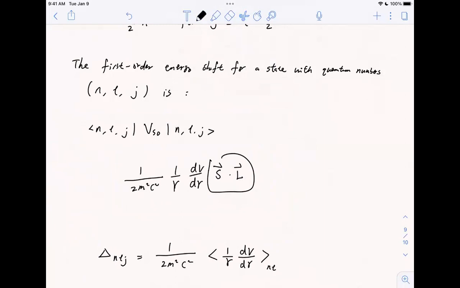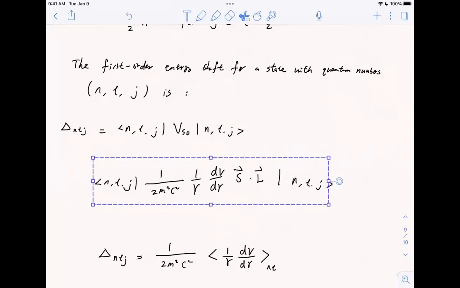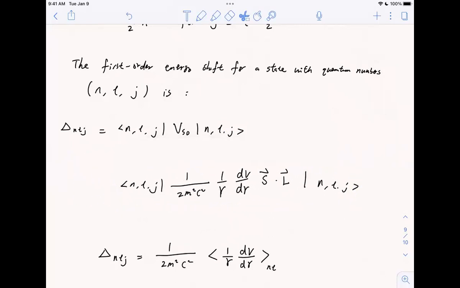So the energy splitting, you did just the first order. Then you just put it there, NLJ. So this will give you the change of energy.